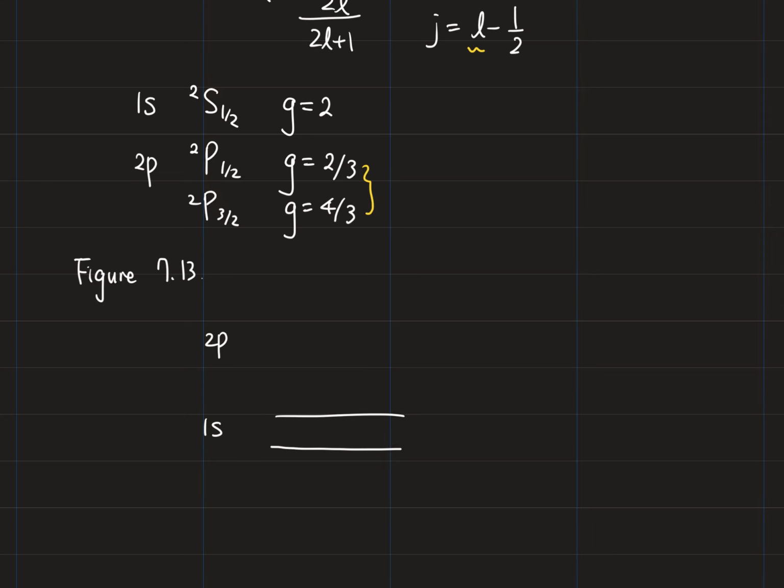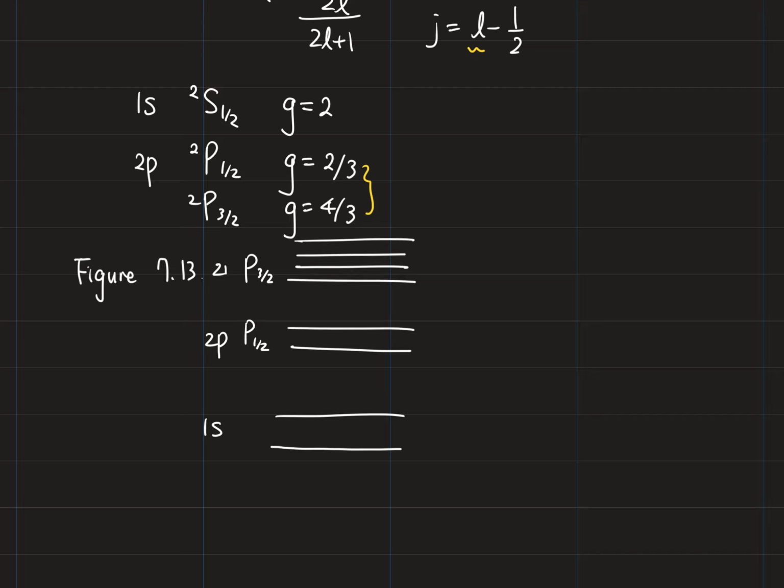And 2p is split into 6 different energy levels. So p1/2 is split into 2 energy levels, and p3/2 is split into 4 energy levels. So actually the 2p orbital is split into 6 different energy levels.